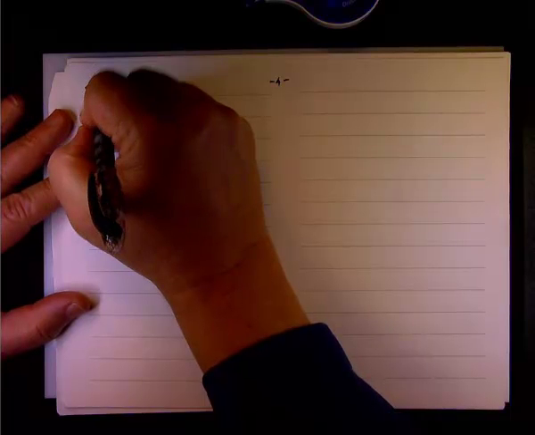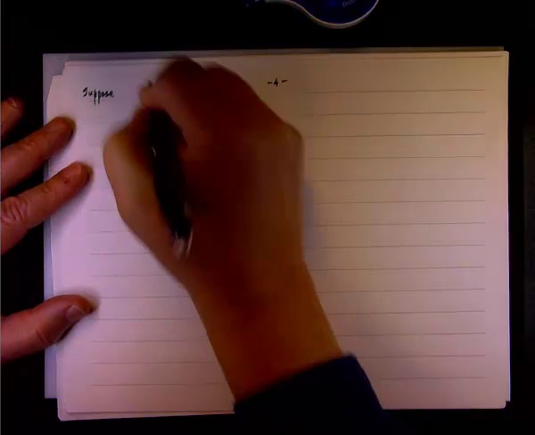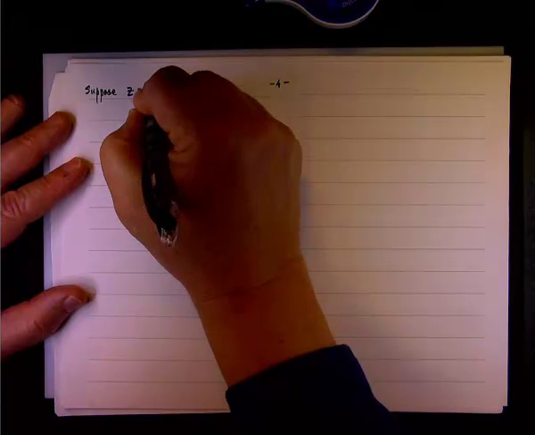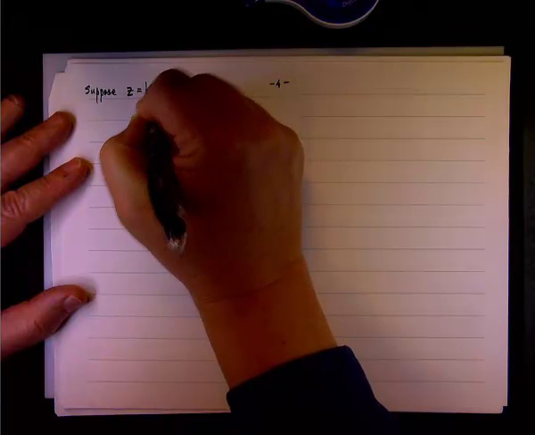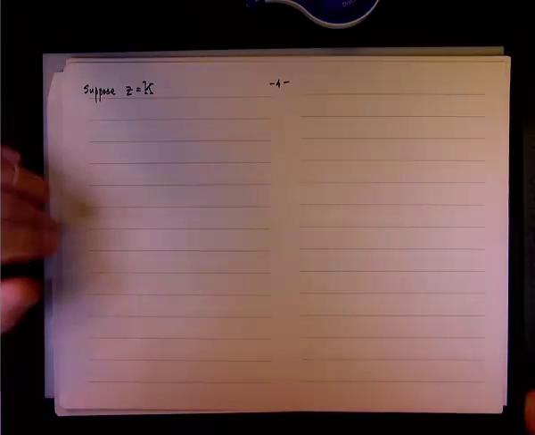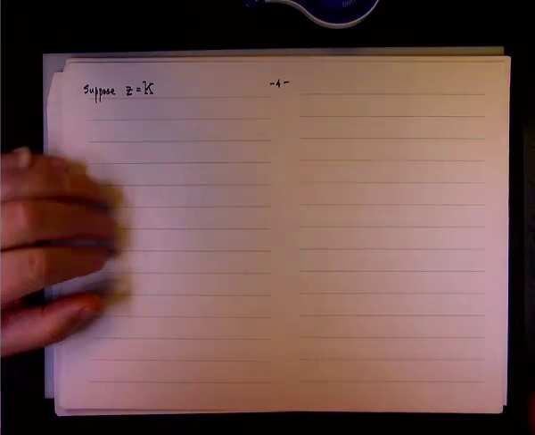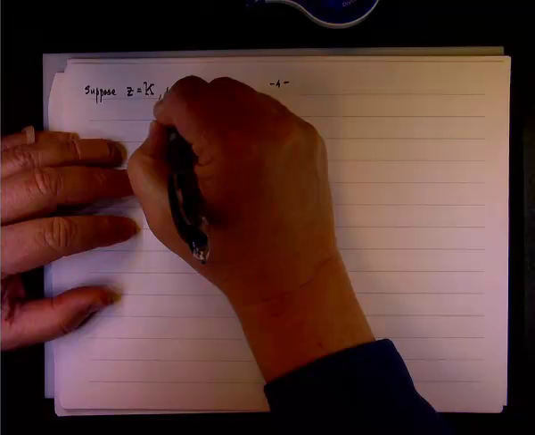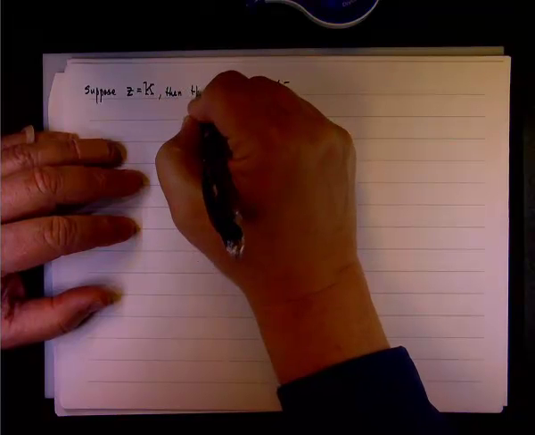Now I'll hold a constant value of z. Suppose z equals some constant k. This is a different k value. Remember, we have k that is part of the ijk, the standard unit vector, and this is a k that is a constant, right?